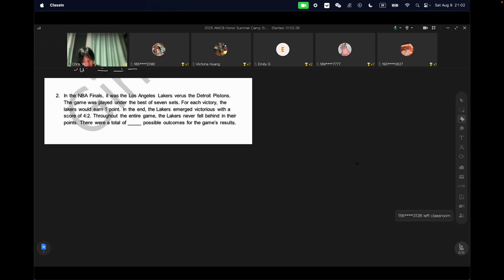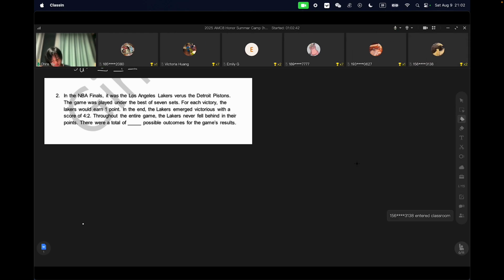So we need to draw something similar to what I just did. So something like this. Let's say that the ones on the bottom represent the scores of the Lakers.